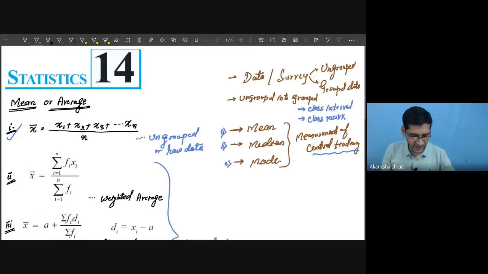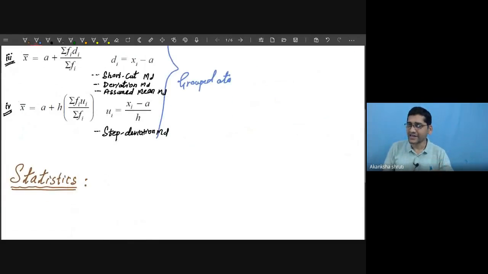Now let us start. What is this statistics? Students, statistics is nothing but the analysis of data. So if you are given different data or a different survey, then how can you analyze it?